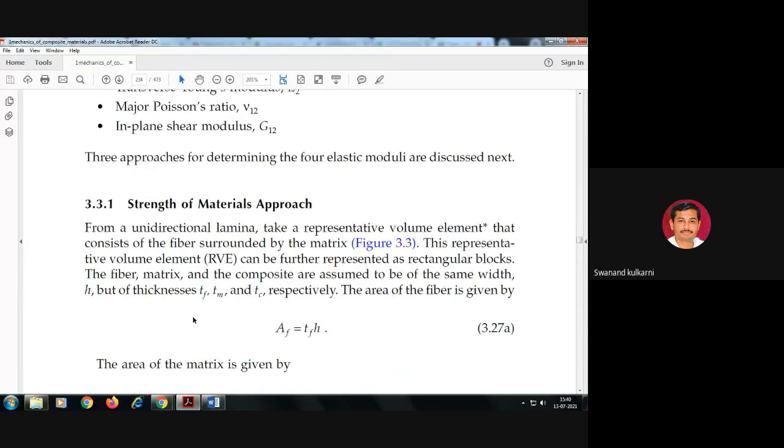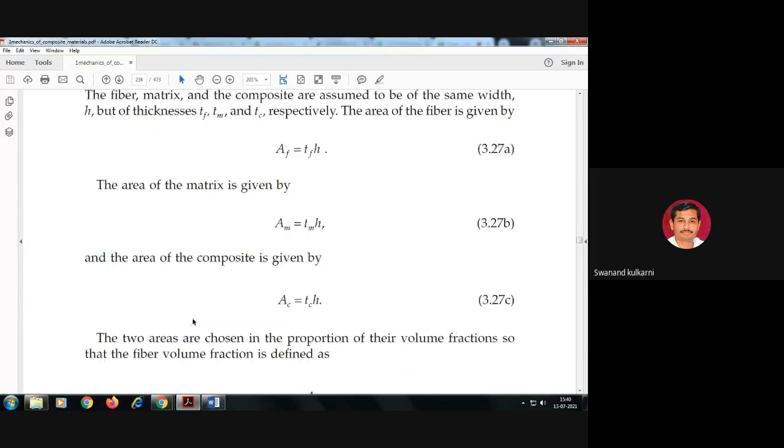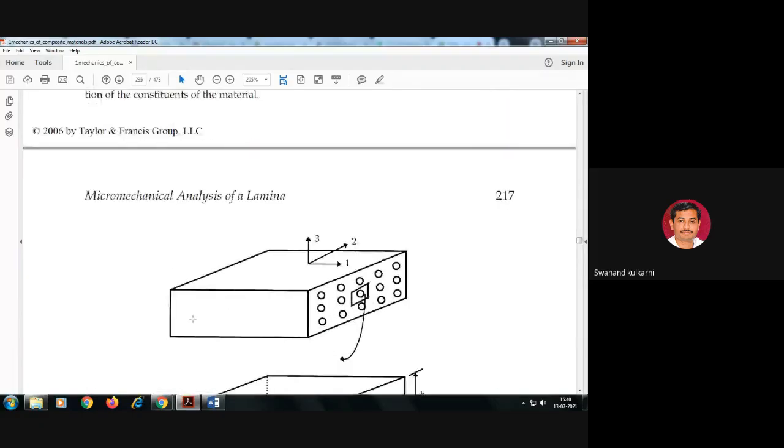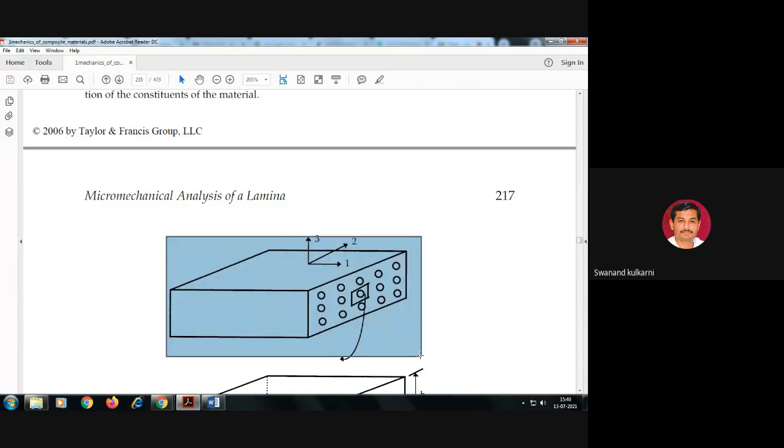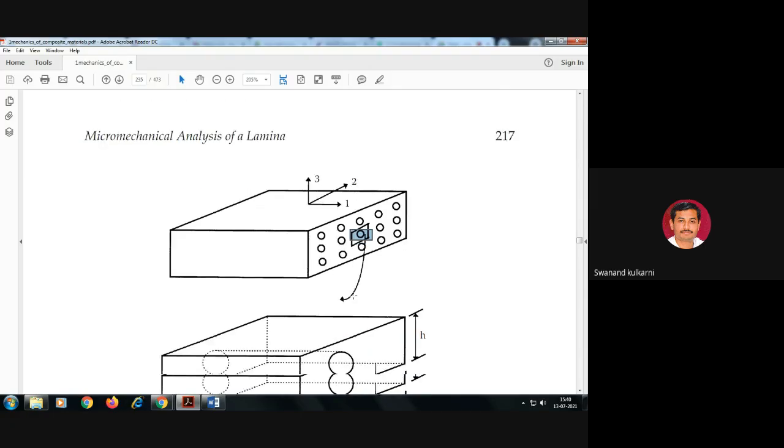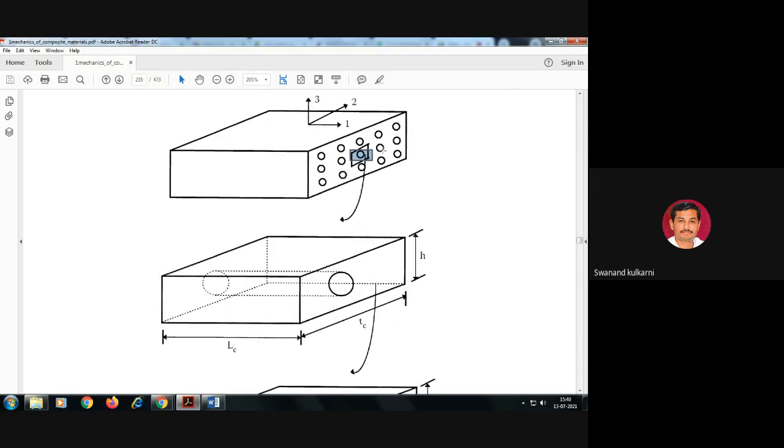So, the representative volume element. For that purpose, let us first see the figure here. Is it okay? This is the particular part which we have taken into consideration, and out of it, this small part is the representative volume element. We take this as a representative volume element.